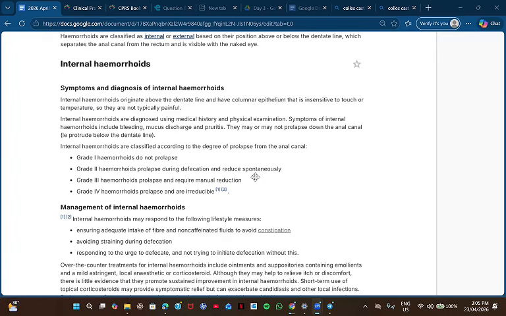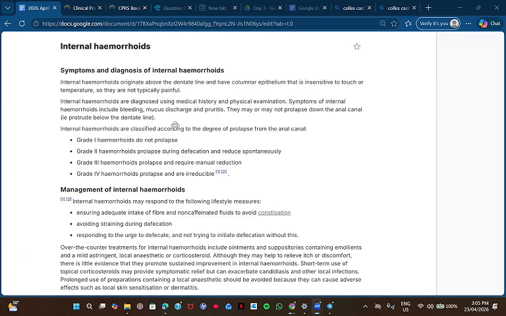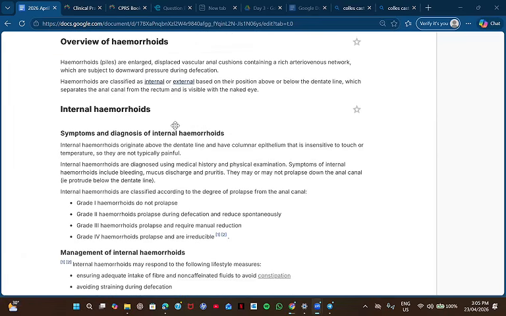You need to put it back inside the anus. Grade 4, the hemorrhoid prolapses and is irreducible. Even with manual reduction, we can't put it back. This grading is very important, doctors.